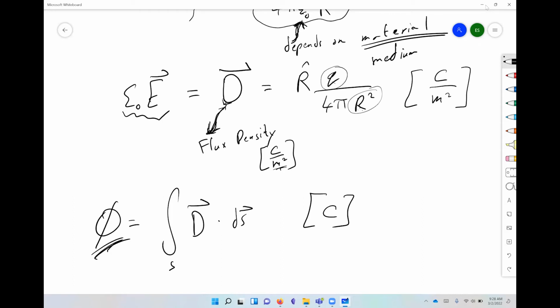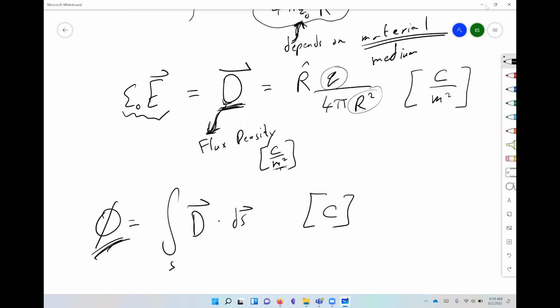Now, as I said, D has a deeper meaning, but this is how we're going to introduce it. Losing the dependency on material is nice, because now we can solve problems first with D, where we have multiple different kinds of mediums.